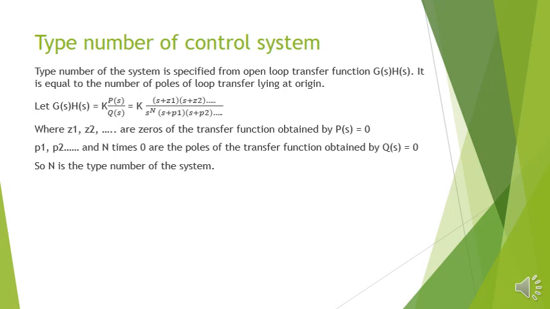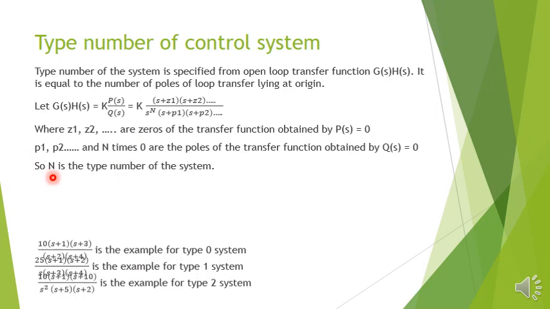N times 0 because by equating the denominator polynomial to 0 you will get roots p1, p2 and, n times, 0. So p1, p2 and n times 0 are the poles of the transfer function obtained by Q of s equal to 0. So here how many poles are at the origin? N times. So n is the type number of the system.